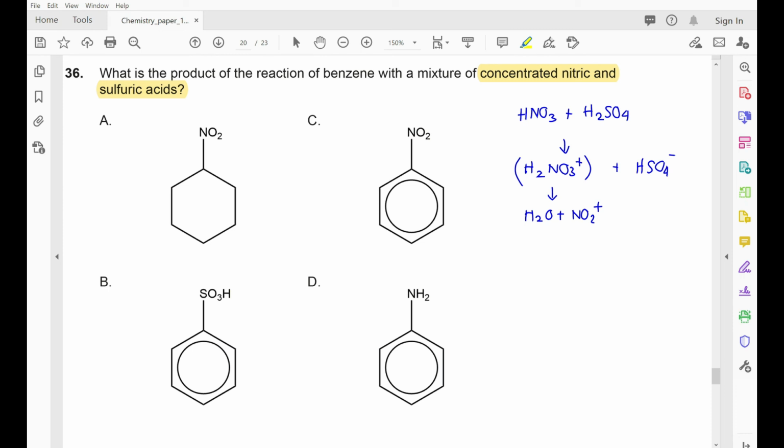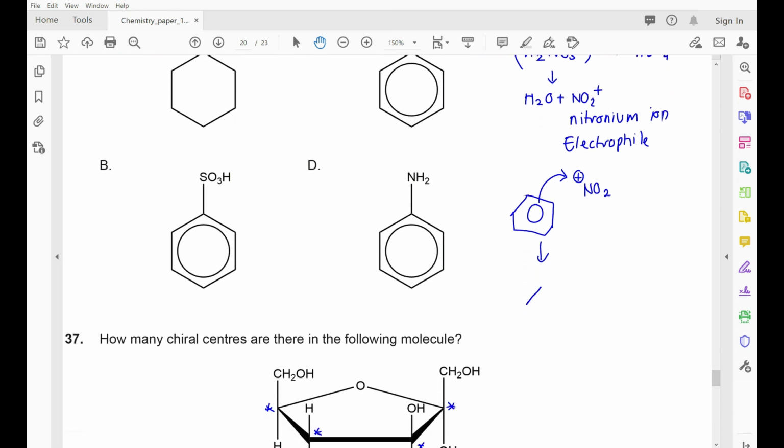The reaction of nitric and sulfuric acid will give you nitronium ion, and it acts as an electrophile, which means the delocalized electron in benzene will attack the ion and form this species.